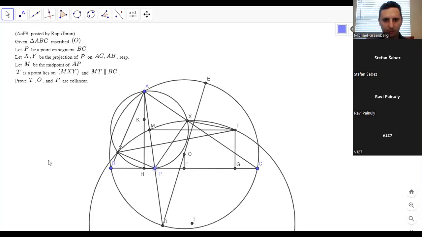So MT is parallel to BC. So by symmetry, FG is FC minus CG.